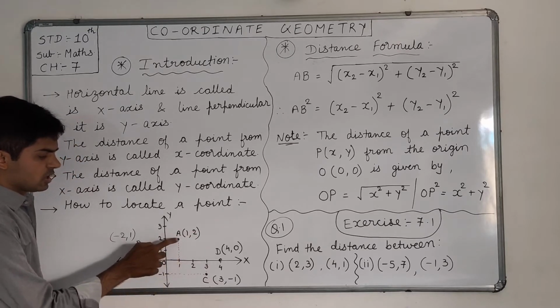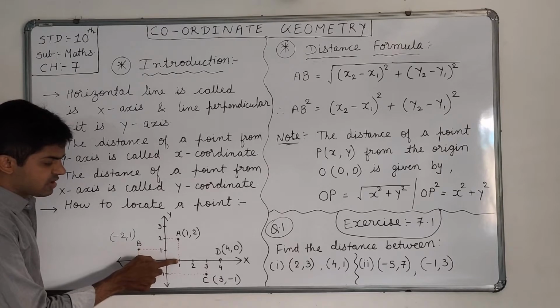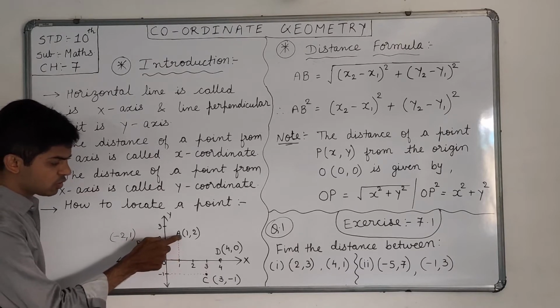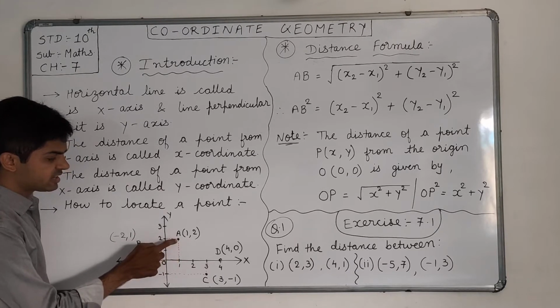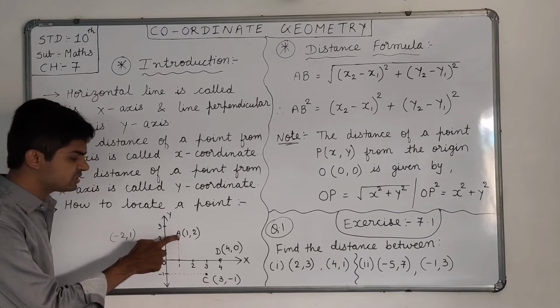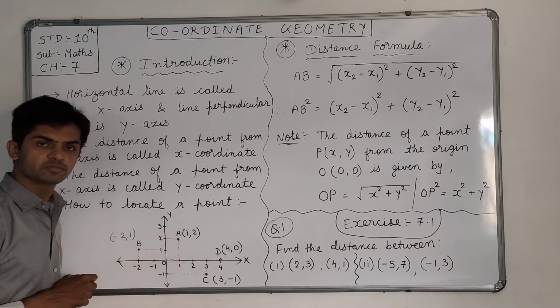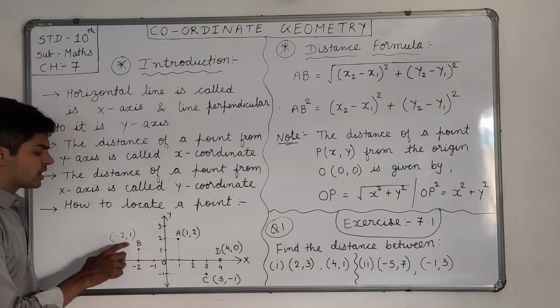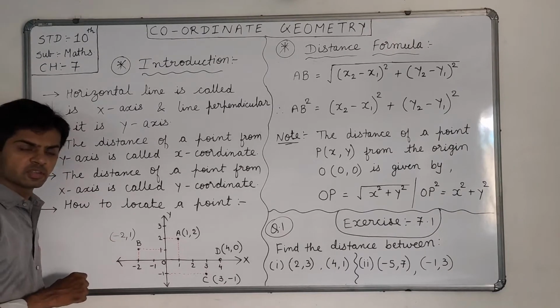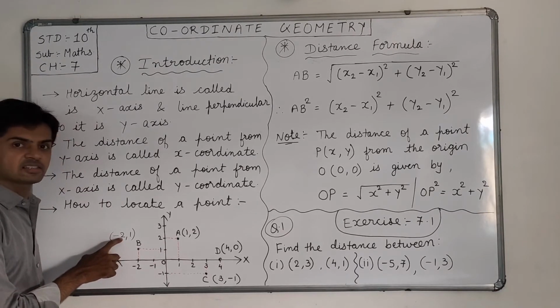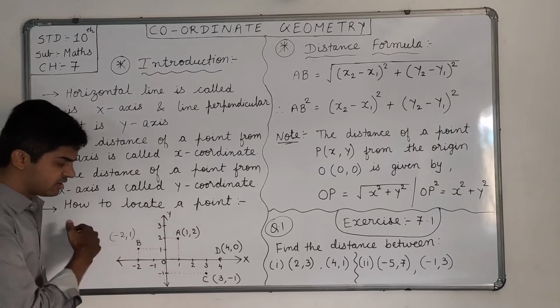So from the x-axis this 1 and from the y-axis 2. Wherever these will intersect, there we will name the point A, (1, 2). Okay, now how to locate the point (-2, 1)? -2 on the x-axis, negative side, left hand side, right?